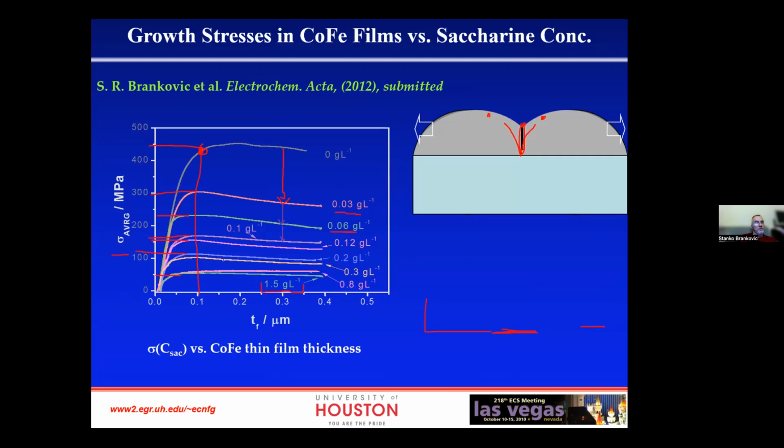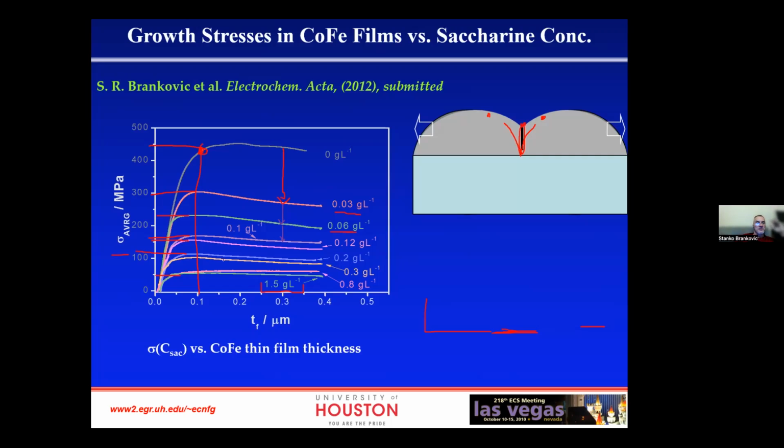So the overall properties of the film are not necessarily one-sided with respect to the additive concentration, because it's a trade-off. You want to have a low stress, but if you keep adding additives just looking at the stress control, you might sacrifice some coercivity, meaning the films might become a little bit harder than you want.